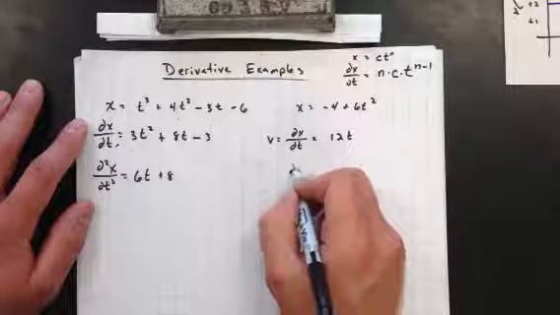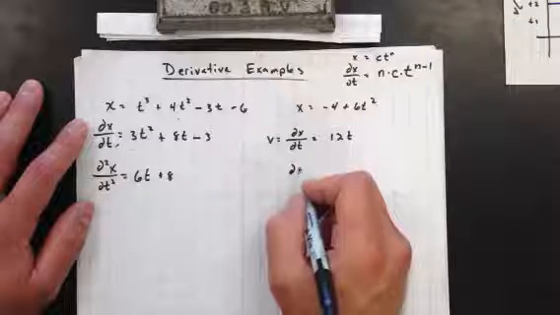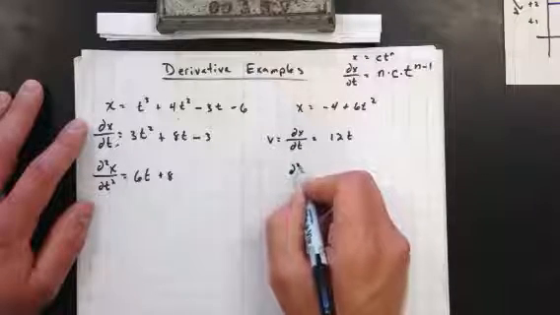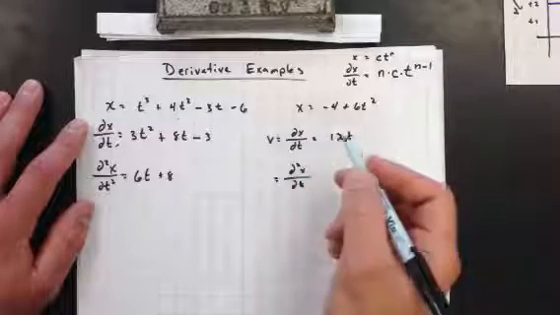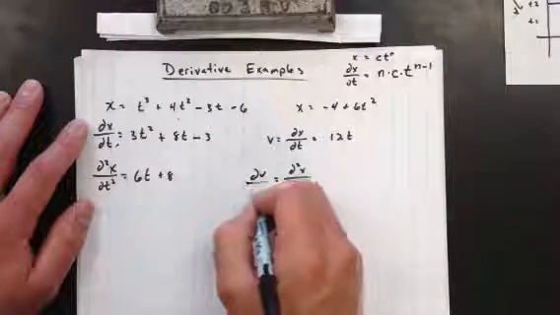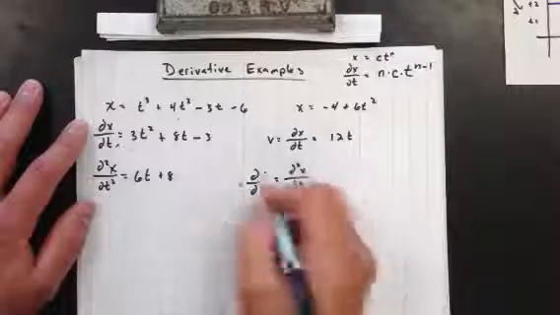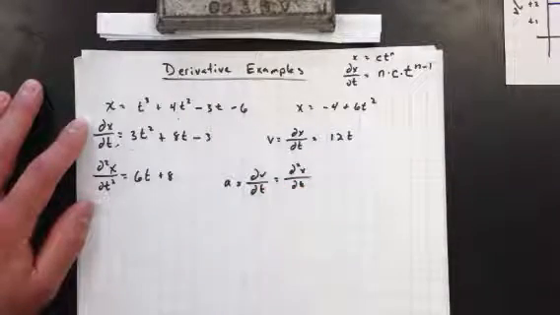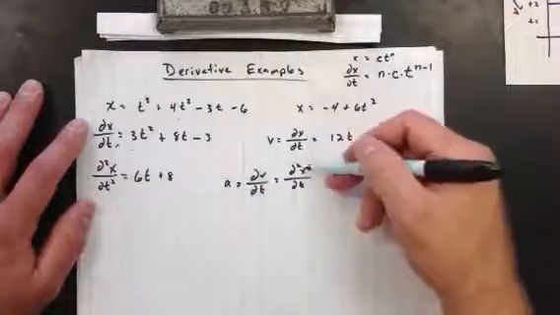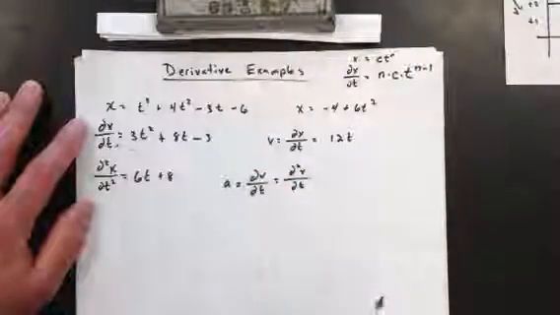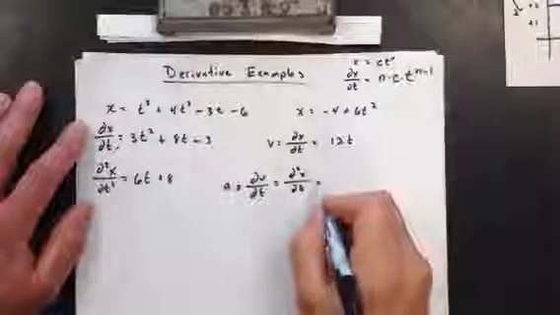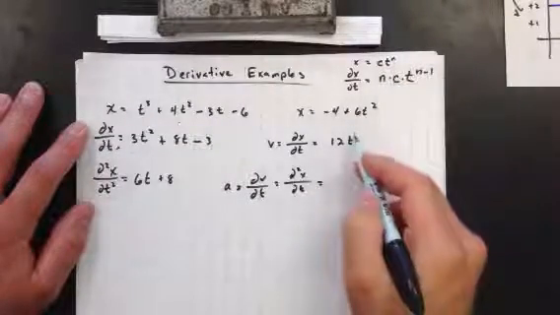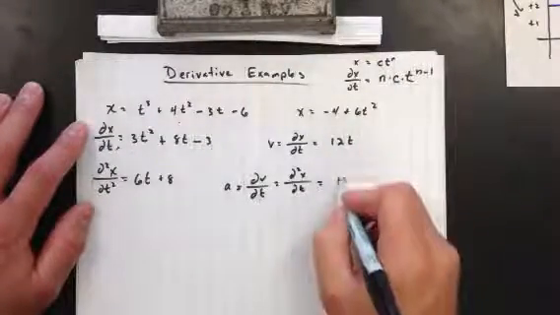Take the second order derivative, which is the second order derivative with respect to time, the same as the derivative of velocity with respect to time, which is by definition our acceleration. Again, just showing the different types of notation. 12t, you have a 1 as an exponent, so 1 times 12 is 12.